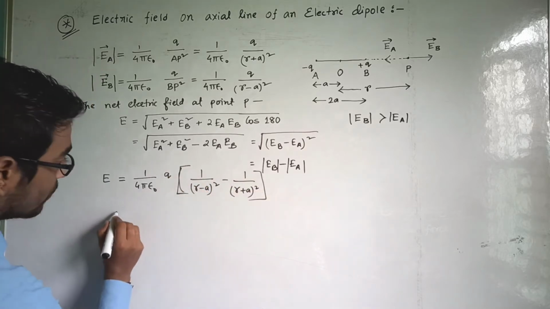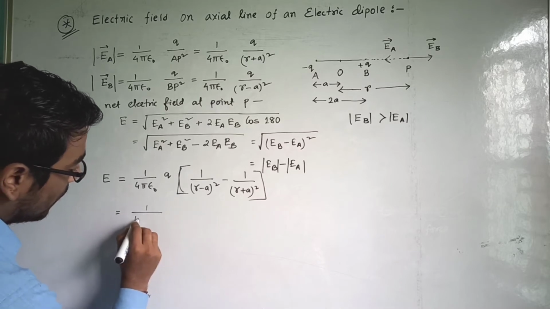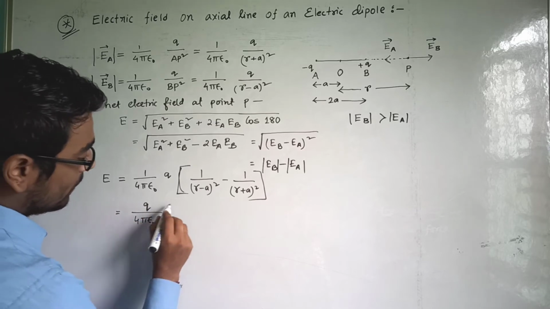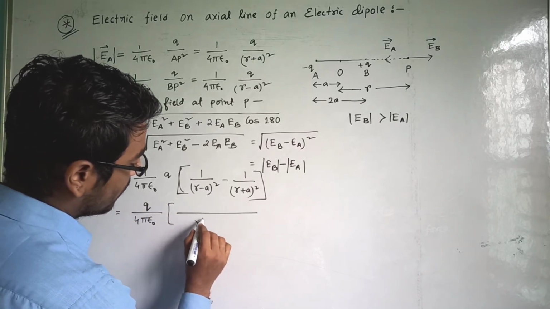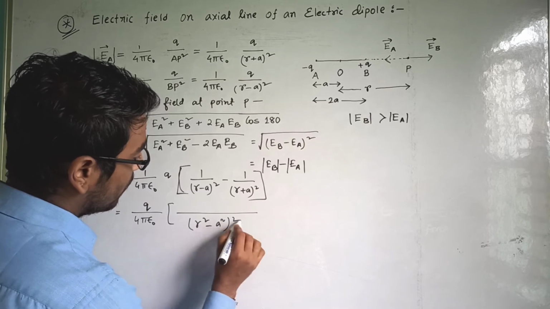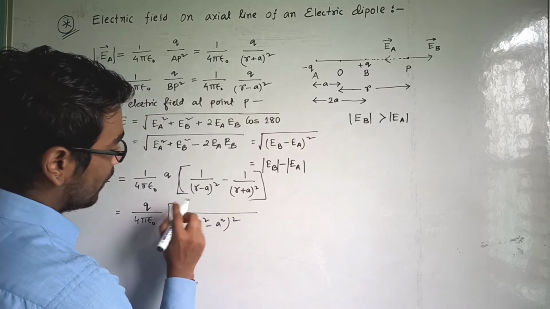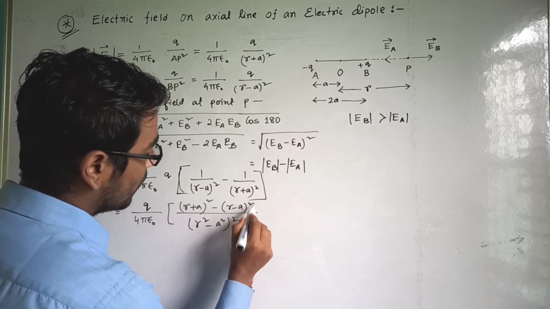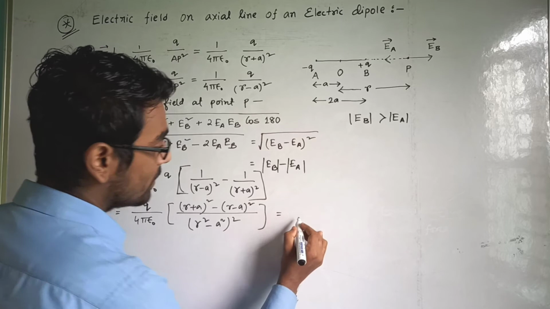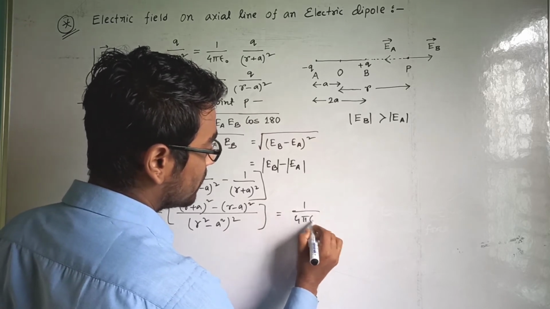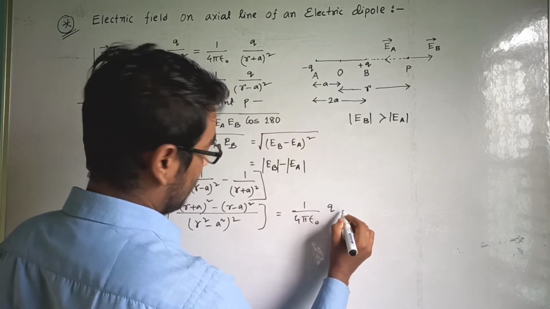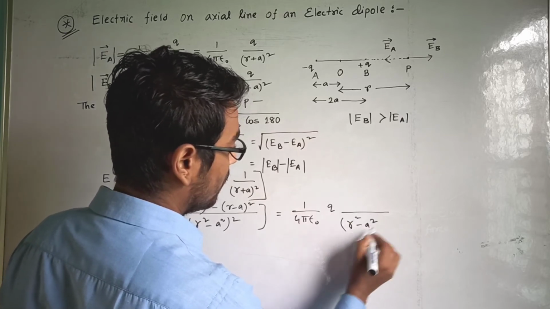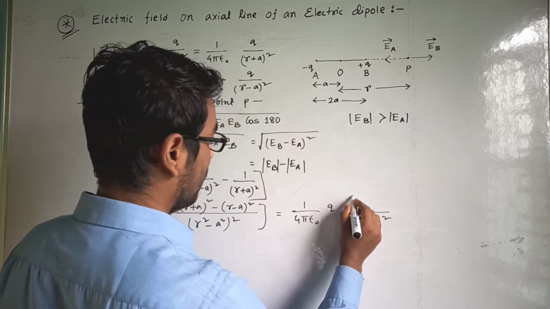So if we solve this, 1 by 4 pi epsilon naught Q, and in the denominator it will be (R square minus A square) whole square, and in the numerator (R plus A) whole square minus (R minus A) whole square. After solving this, we will get 1 by 4 pi epsilon naught Q into 4AR over (R square minus A square) whole square.